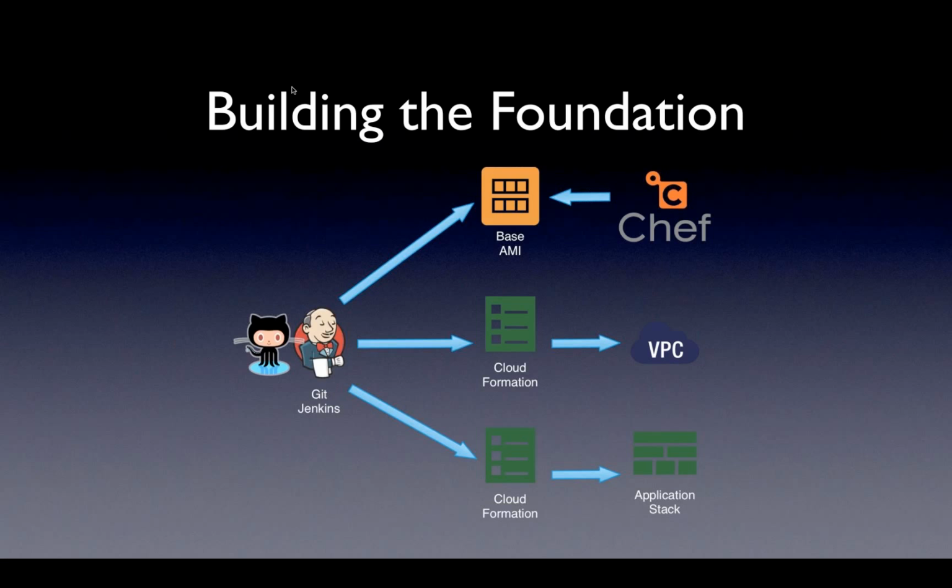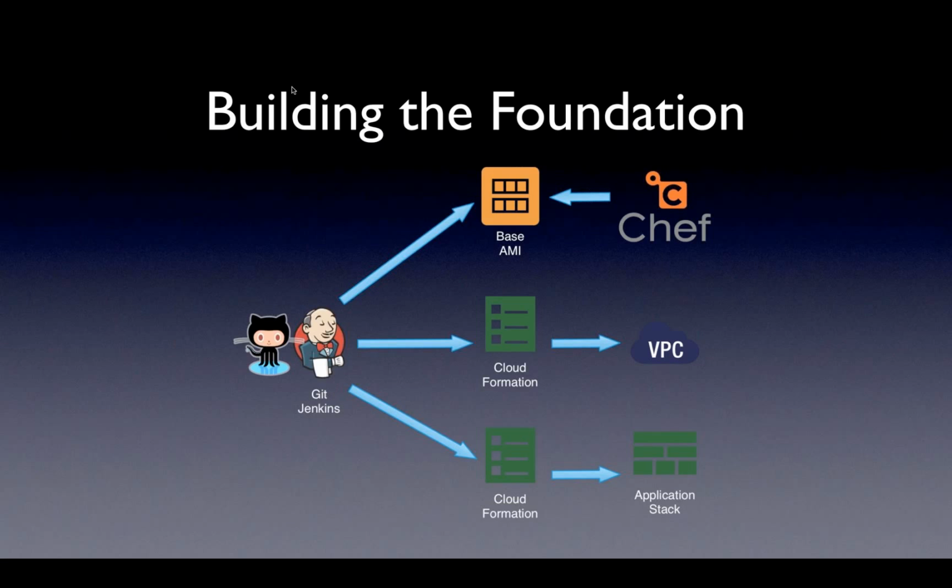And at the very top, or bottom, I have it here on the bottom, but at the very end of the foundational pieces, we'll build our application stacks, again via CloudFormation. That's where our secret sauce, which is not so secret, but I'm going to share with you today, is the application stack.